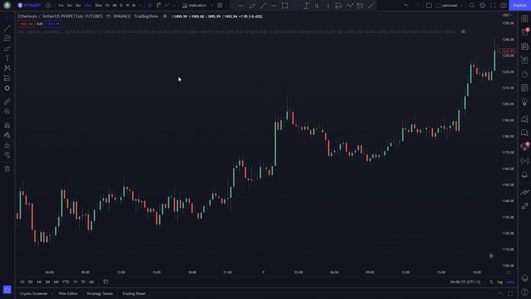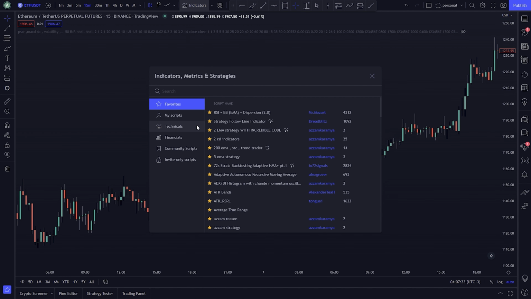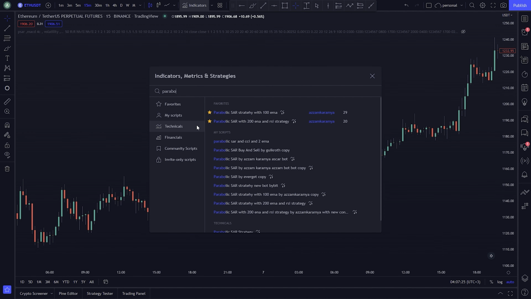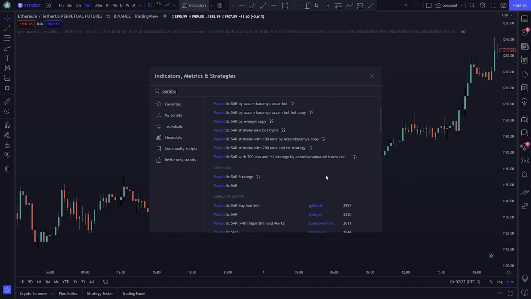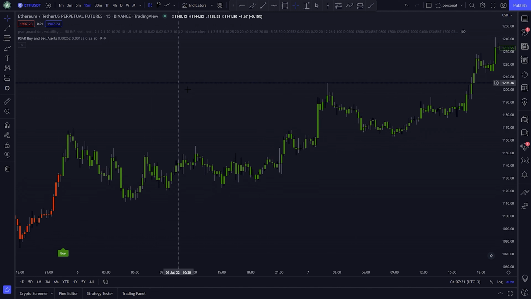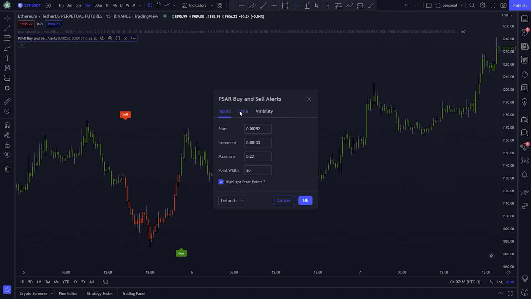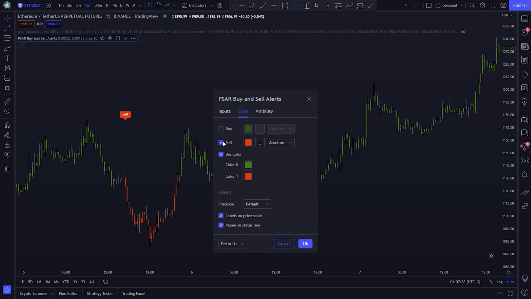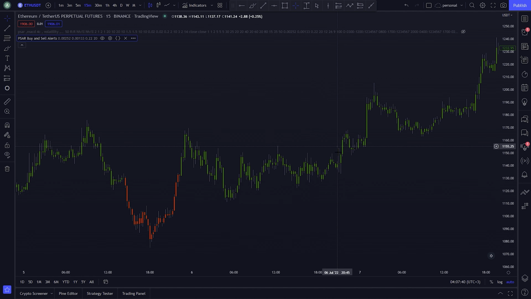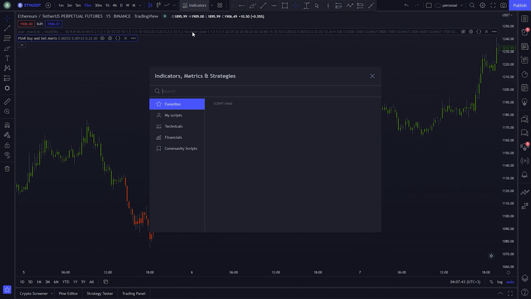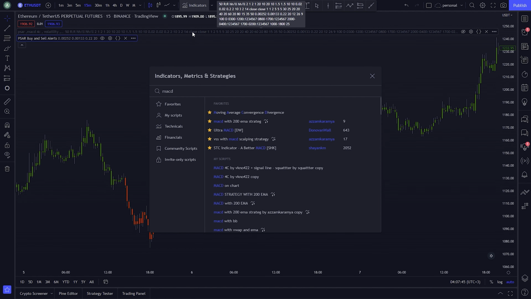This strategy includes three free TradingView indicators. Now let's go ahead and add them to our chart. Parabolic SAR buy and sell. MACD 4C.